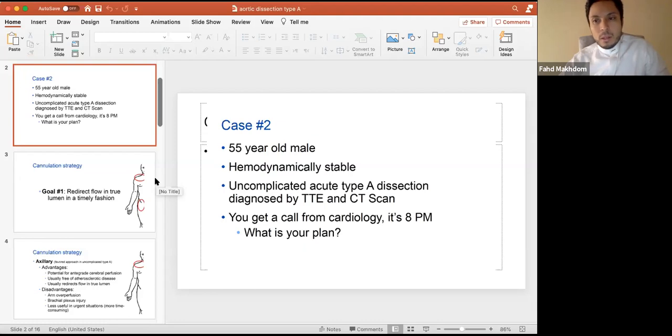If you have a pulse where you want to put the line, most likely your line wouldn't be damped. I would prefer to have one radial and one femoral line for a dissection case because of the length of the procedure.